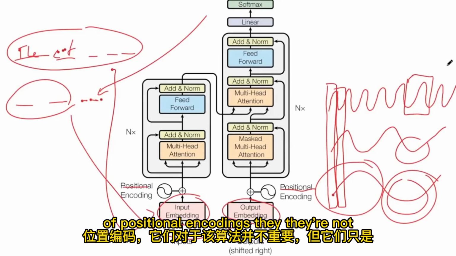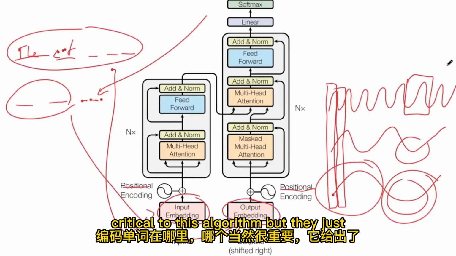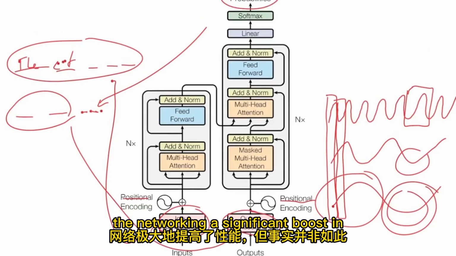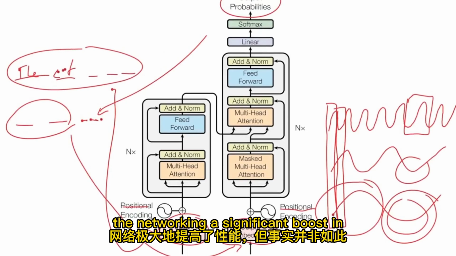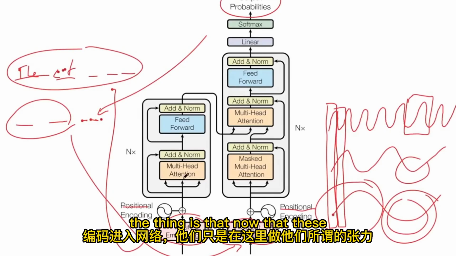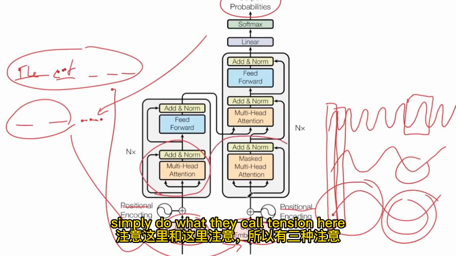They're not critical to this algorithm, but they encode where the words are, which of course is important, and it gives the network a significant boost in performance. But it's not the meat of the thing. The meat of the thing is that now that these encodings go into the networks, they simply do what they call attention here, and attention here.